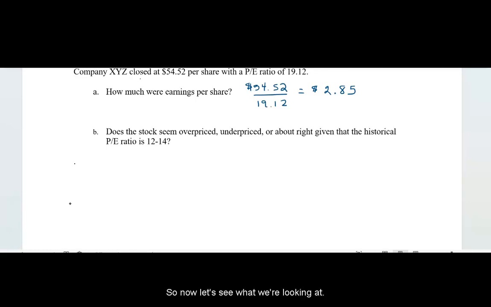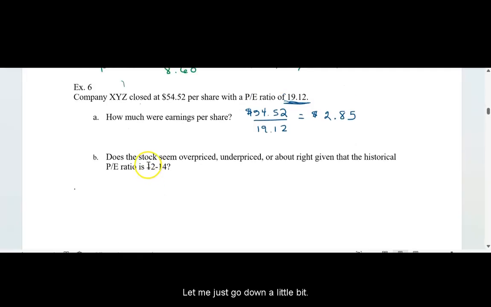So now let's see what we're looking at. Going back up to where they told us what the P to E ratio was, the P to E ratio is 19.12. But historically, it's 12 to 14, okay?